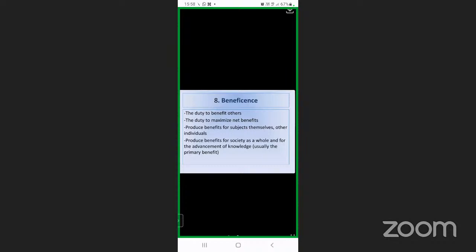Okay, the society is the beneficiary. Any person may be a beneficiary. Any living thing may be a beneficiary. The research is not only beneficial to humans. If it is beneficial to animals, then also it is well and good, and it is a part of research. Okay. Then the duty to maximize the net benefits.